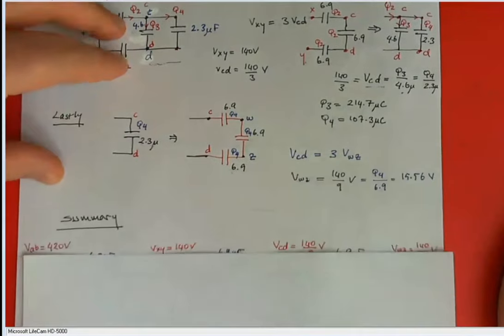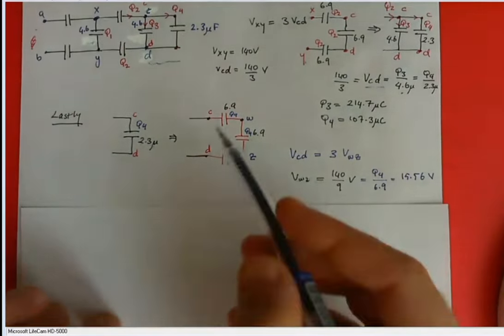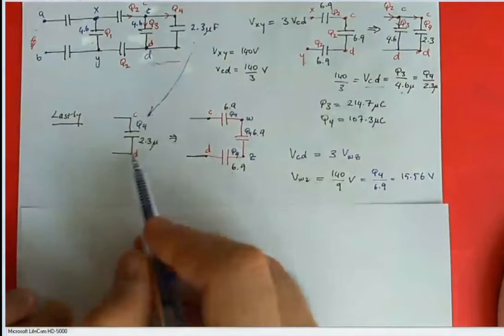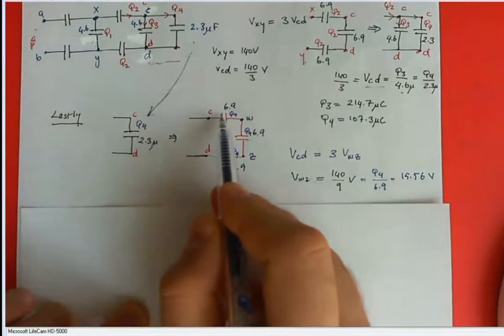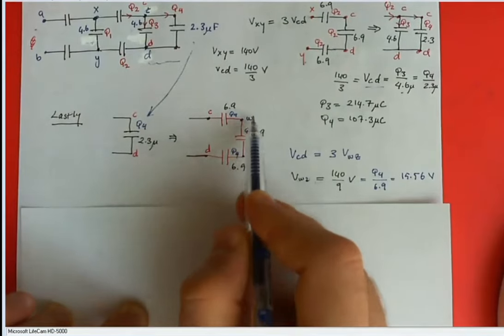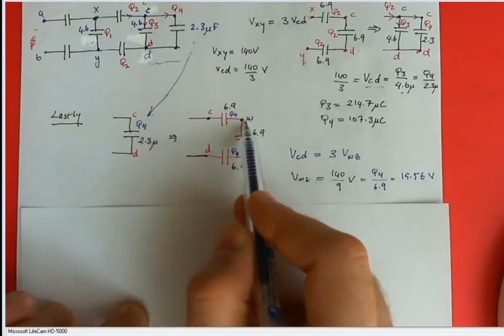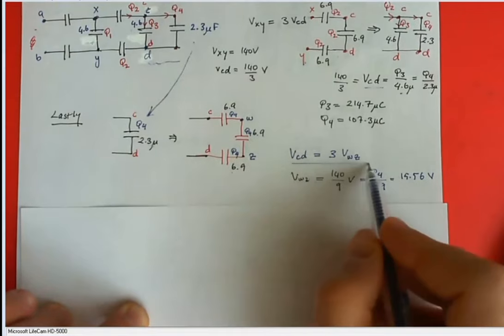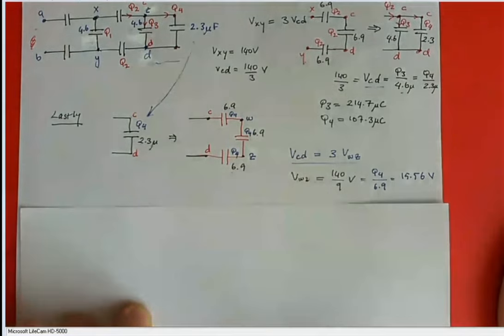Since this was the last branch, you can take that to be also 6.9, 6.9, 6.9, and if I call this WZ, you can find the potential of WZ. That is 1/3 of the VCD potential.